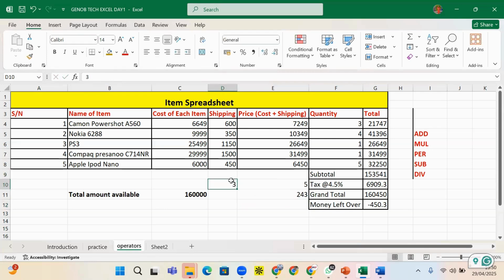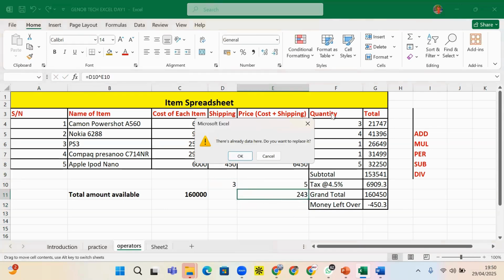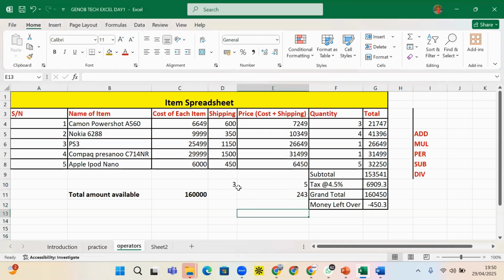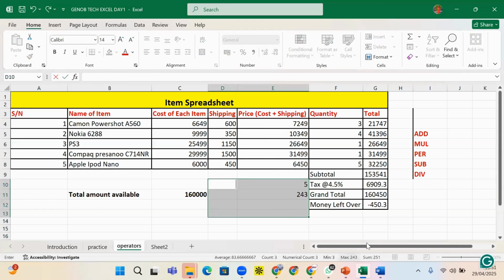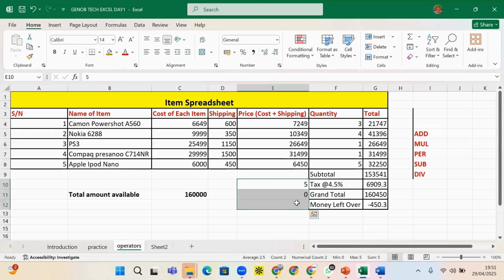All right, so that's that for arithmetic operators. What else? We have another operator called comparison operator, or we call it logical operator. What does it do? It checks if 2 numbers are the same, one is less than the other, or greater than the other, or not equal to the other, right?